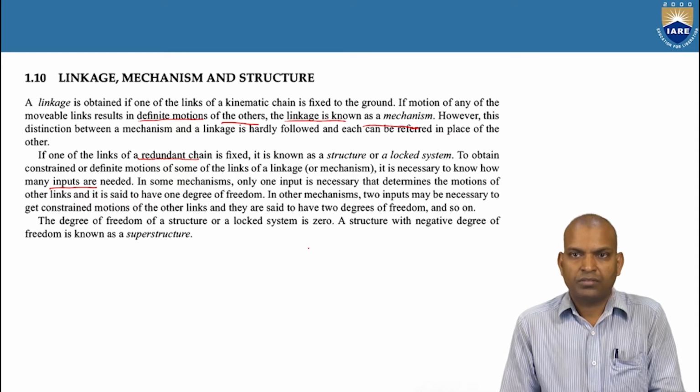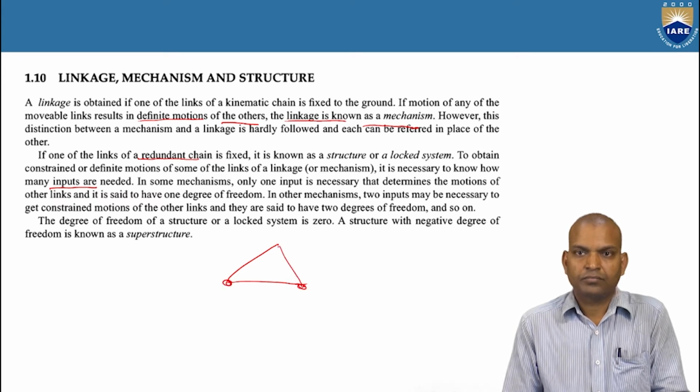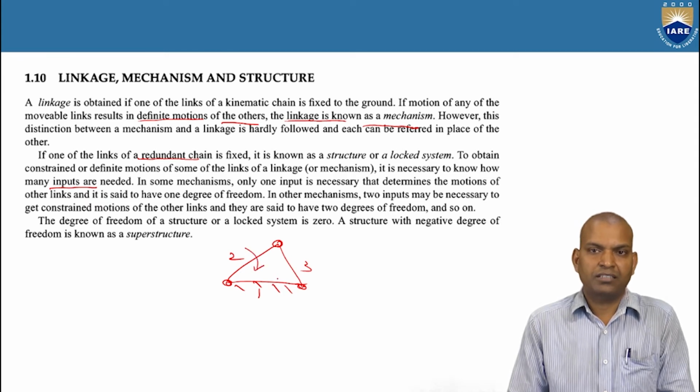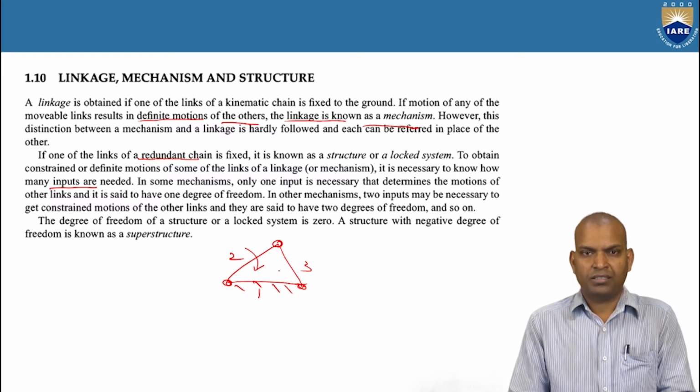Suppose there are 3 links: link 1, link 2, link 3. Now, if you fix this kinematic chain, then it is called a linkage. And if you give some angular displacement or angular velocity to link 2, there is no motion in link 3.